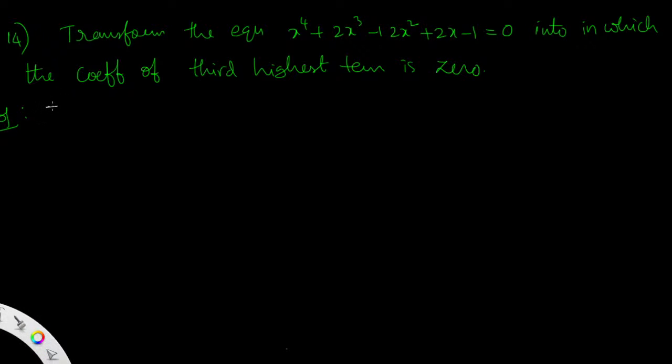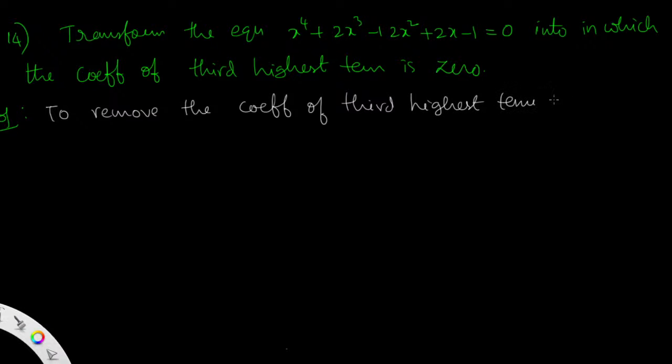To remove the coefficient of the third highest term, make it 0 by f to the power of n minus r plus 1 of h equal to 0. This is the formula. The previous formula is h equal to minus a1 by n a naught.